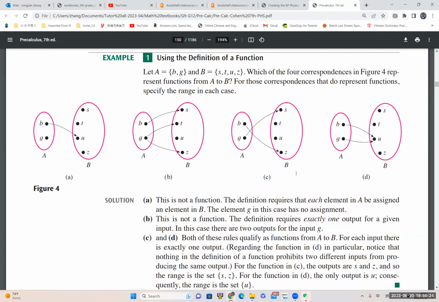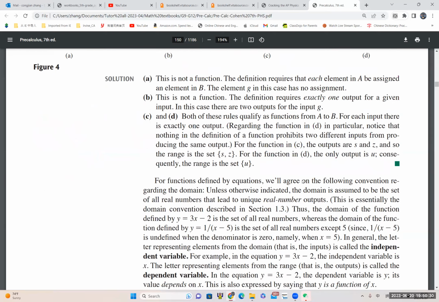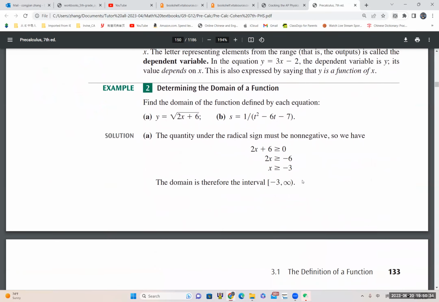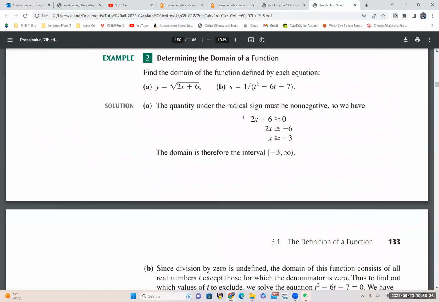If so, it explains. So anyway, basically given a function or relation, you should identify what's the domain, what's the range, right?